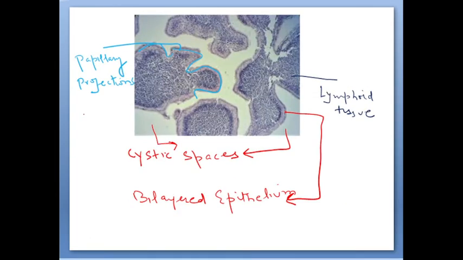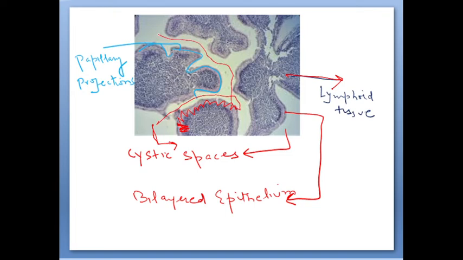This is the other picture. Again, it reveals a prominent epithelium. Then there is prominent lymphoid tissue. And thirdly, there are lots of cystic spaces.